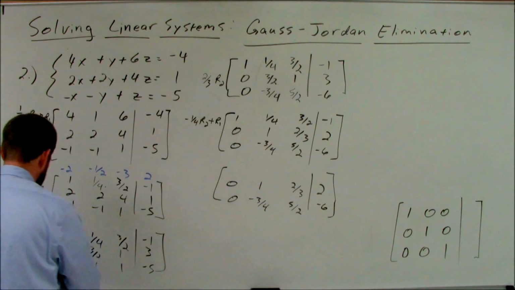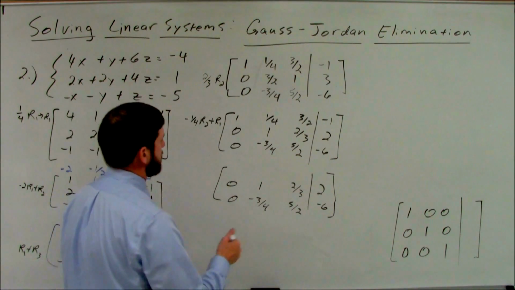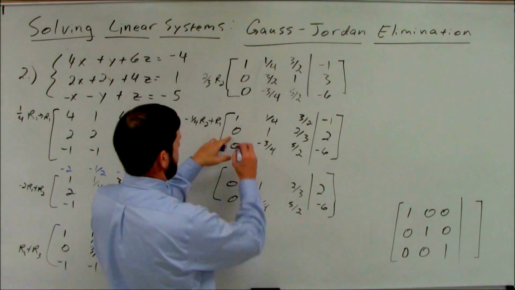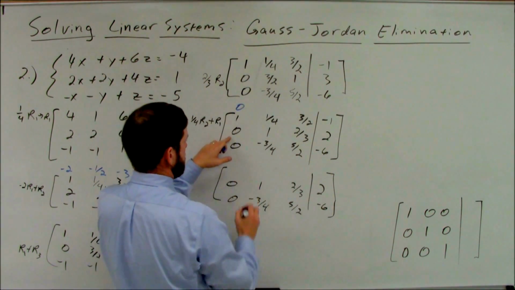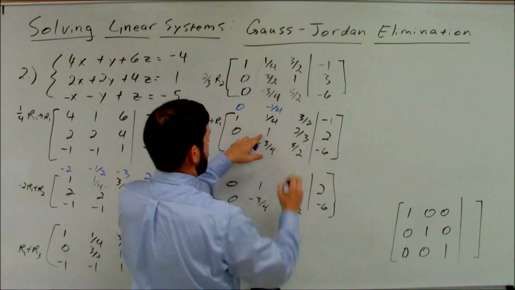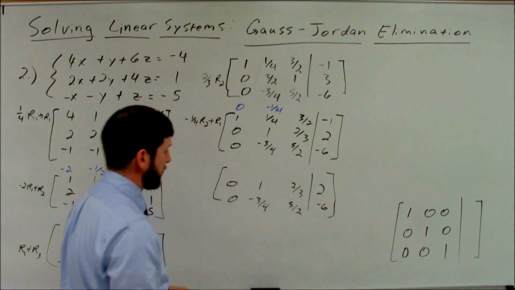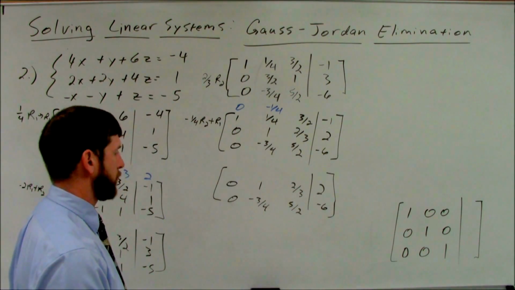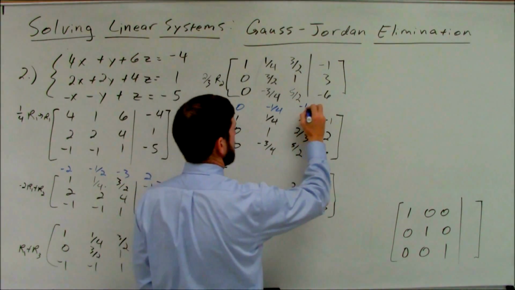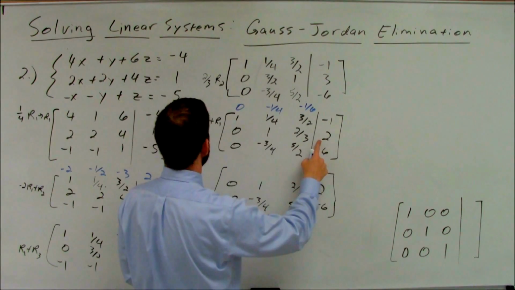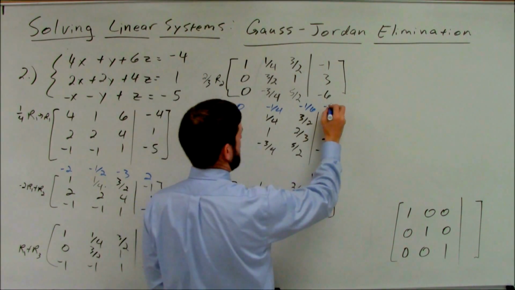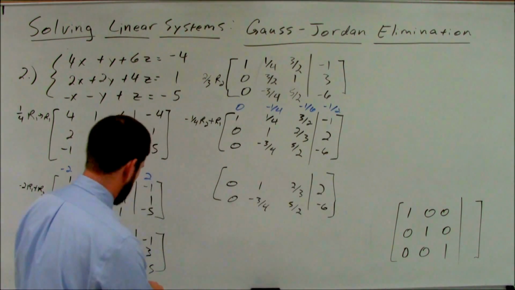And what's our temporary row going to look like? So -1/4 of row 2. So -1/4 times that is 0. -1/4. What's that? I just went brain dead. 2, 1/6. And then -1/4 of that is -1/2. All right, so that's our temporary.